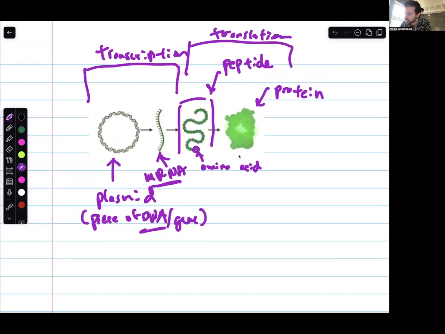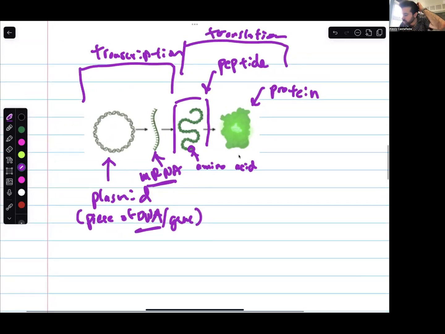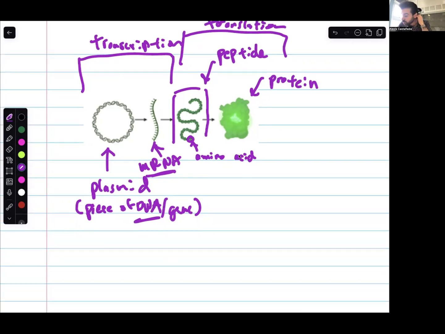That mRNA goes into the cytoplasm, or in bacteria, it's in the cytoplasm already. That mRNA becomes a chain of amino acids or a peptide, and at the end, it becomes a protein. So we're going to give this plasmid for a protein that's going to glow green. This is called green fluorescent protein, or GFP. It's just a protein that glows green.